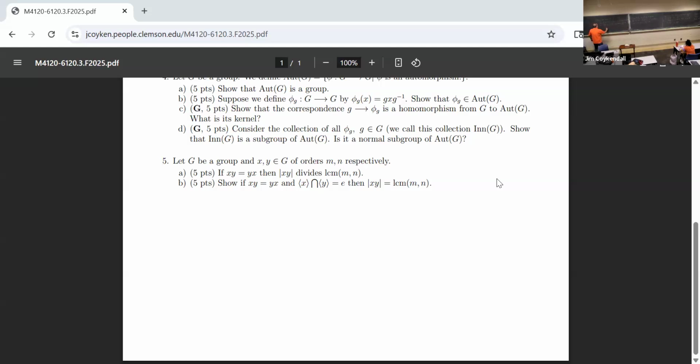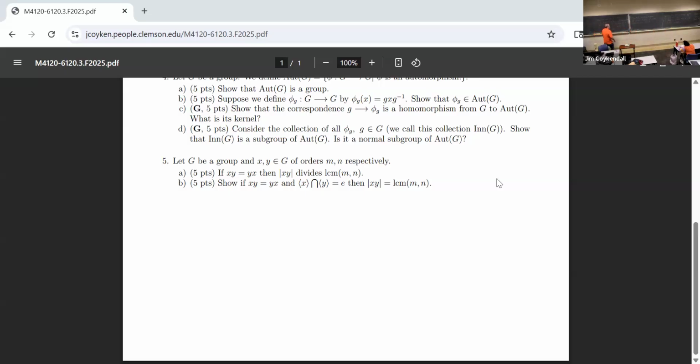So X Y inverse is in H, and so is X Y inverse, inverse, which is X Y. So by building back, I've done this. Let's collect what I've done.